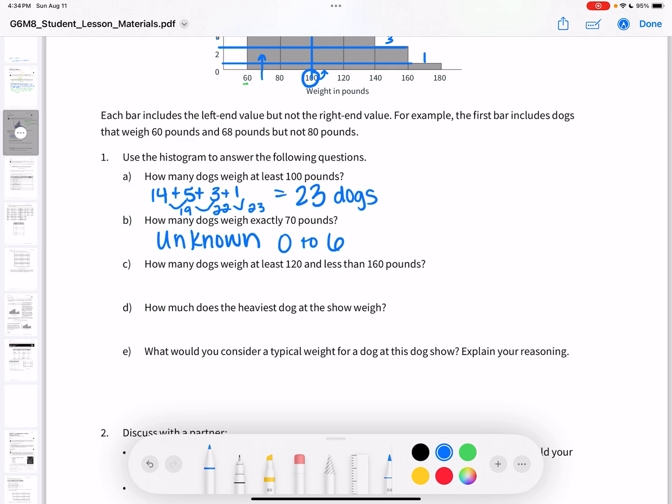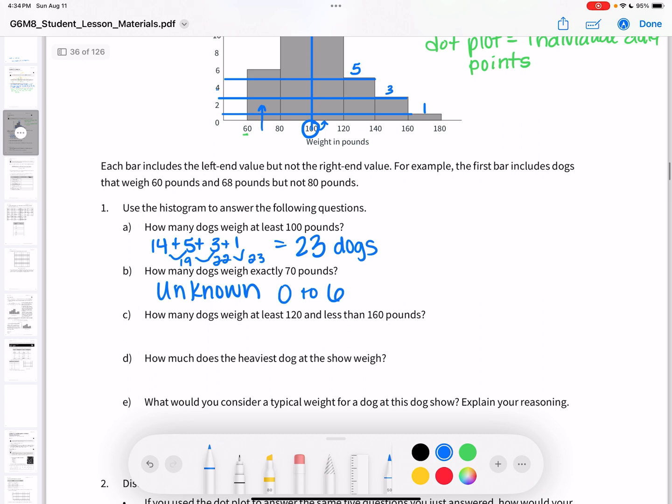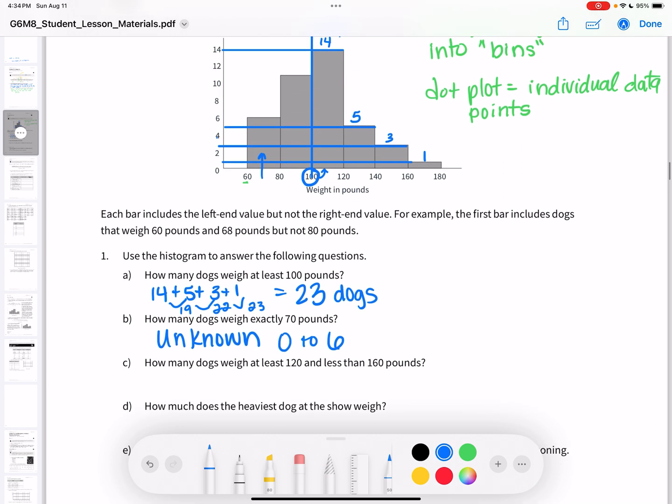C, how many dogs weigh at least 120 and less than 160 pounds? We can figure that out. So 120 goes to this one, and less than 160. So here's 160. So we are looking at these 2 histogram bars.